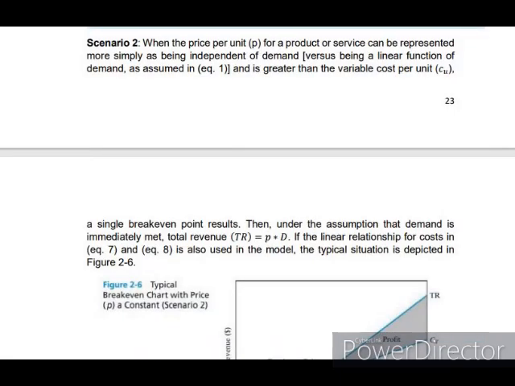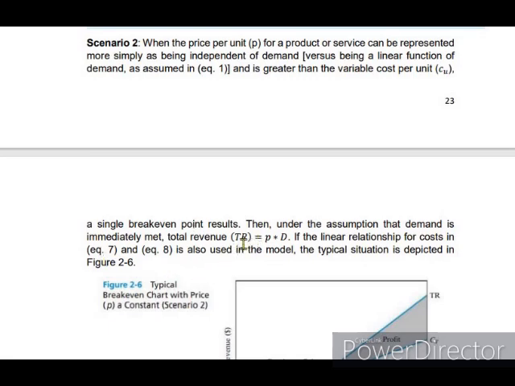Next is scenario 2. When the price per unit, or P, for a product or service can be represented more simply as being independent of demand, then in scenario 2 the price is independent of demand versus being a linear function of demand as assumed in equation 1, and is greater than the variable cost per unit, C sub U. So a single break-even point results.